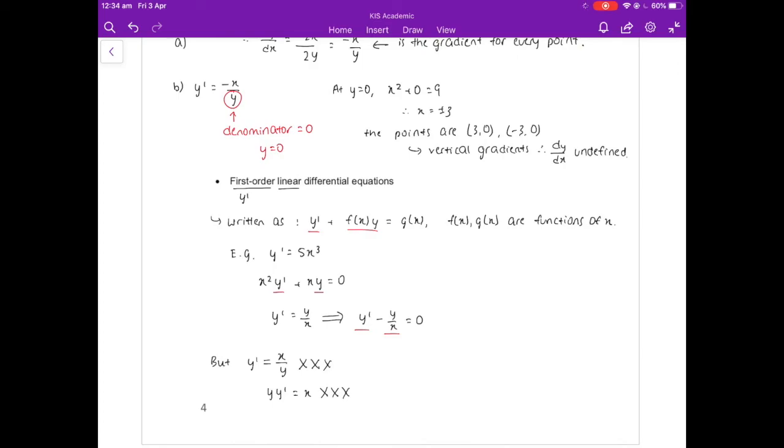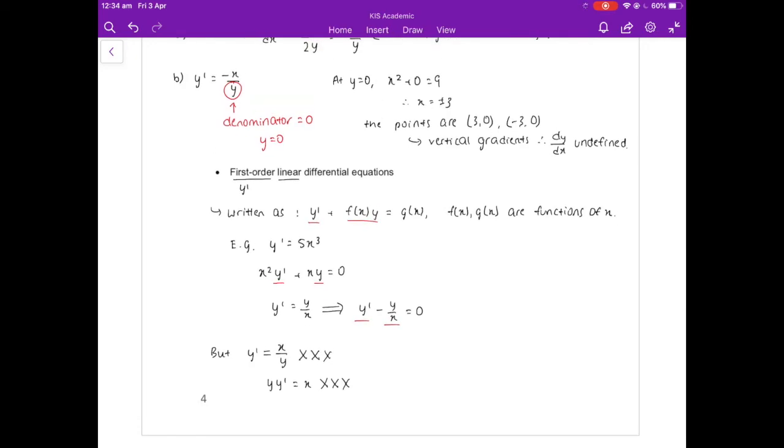And a special type of first order DE is actually this: y' minus ky equals 0, where k is a constant. Because this is actually an exponential growth DE. But we will discuss this in a later lesson, so you don't have to worry too much about that.